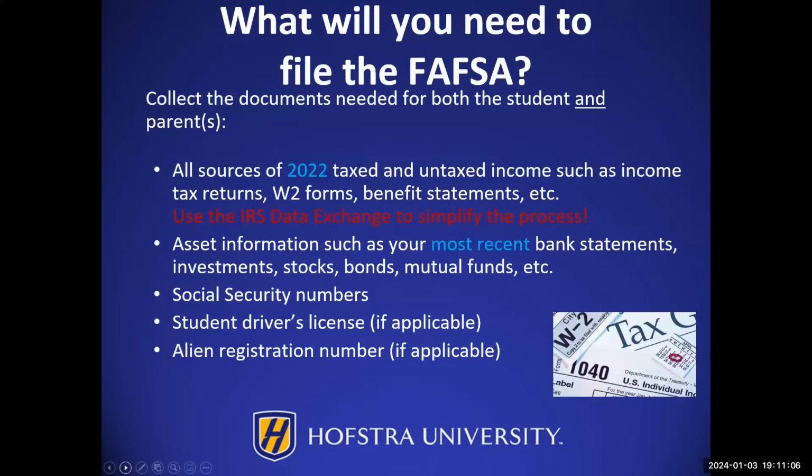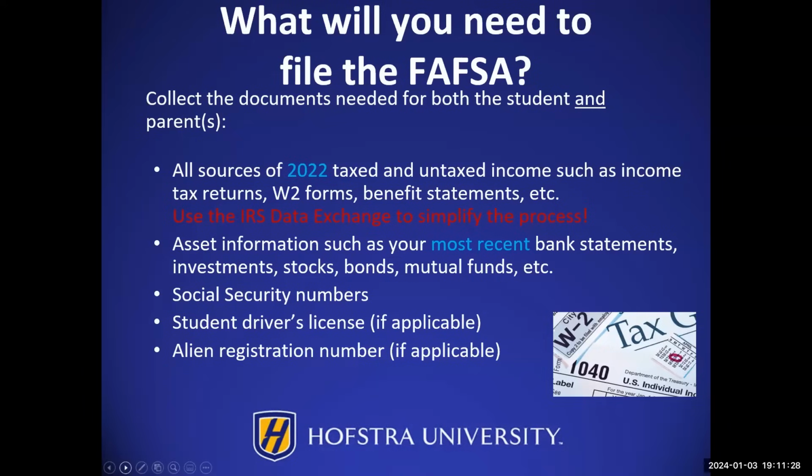So what are you going to need to file the FAFSA? So you'll be able to collect the sources of 2022 taxed and untaxed income. The FAFSA is based off of prior years. Now that the data exchange tool is mandatory, you wouldn't need too much of it. You can just have it on the side just in case.